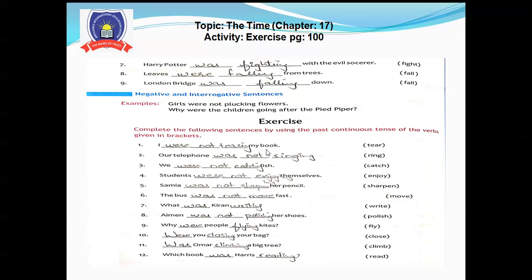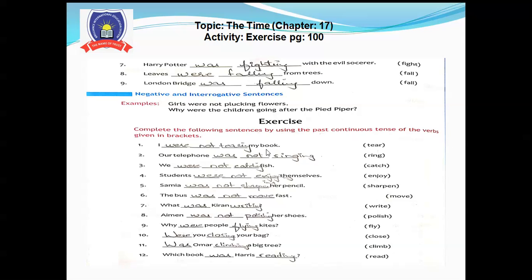Leaves dash from trees. Leaves were falling from trees. London Bridge dash down. London Bridge was falling down. Now you have made all the positive sentences. Here is another exercise for you.